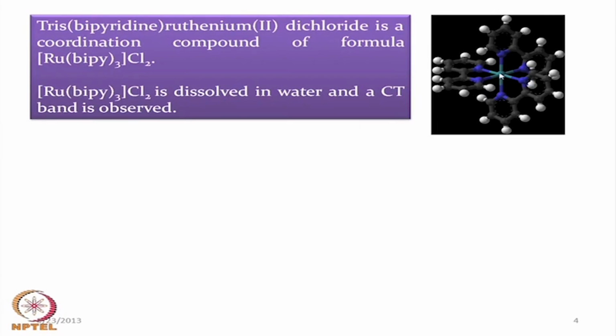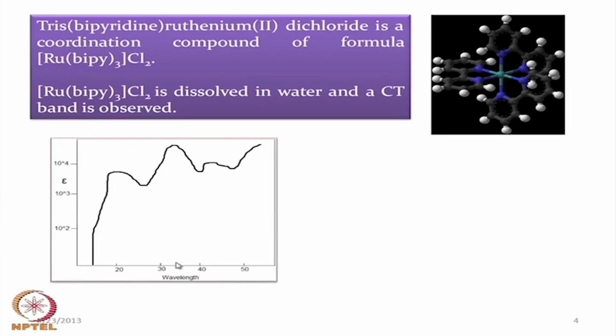So, charge transfer transitions will now take place from metal to these ligands. So, we have 3 bipyridyl ligands. This is one bipyridyl, this is another bipyridyl, and this is another bipyridyl ligand. Now we have again certain type of structured transitions, like what we have seen just now for KMnO4.